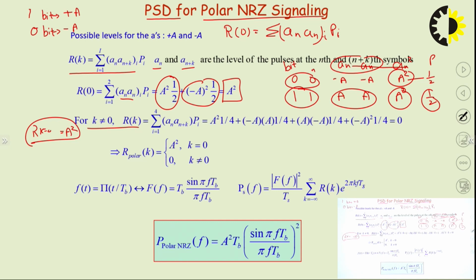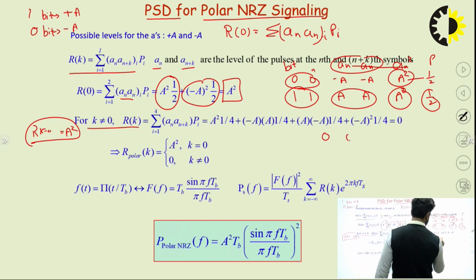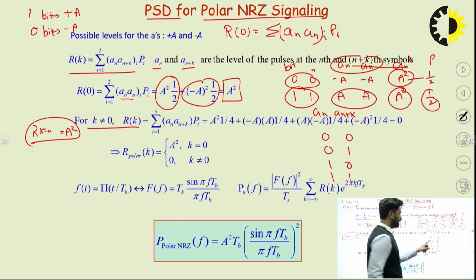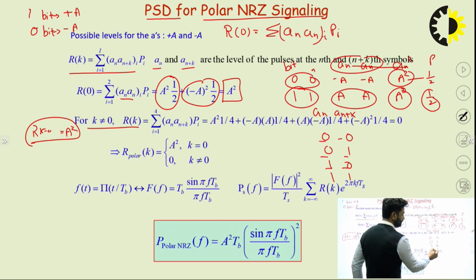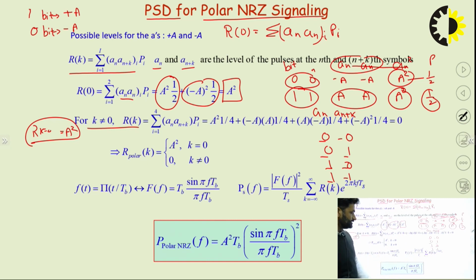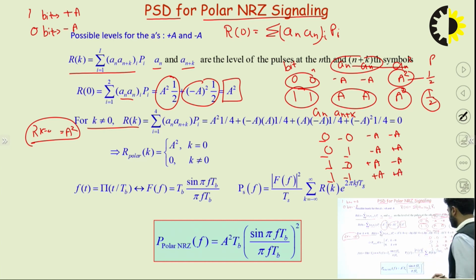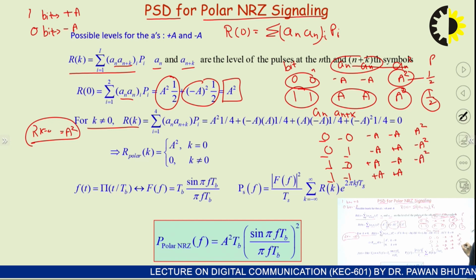We have 4 cases of bits: 0 0, 0 1, 1 0, 1 1, for a_n and a_(n+k). The voltages assigned are minus A minus A, minus A plus A, plus A minus A, and plus A plus A. After multiplying these two voltages, because in the formula we have a_n a_(n+k), we get A square, minus A square, minus A square and A square.